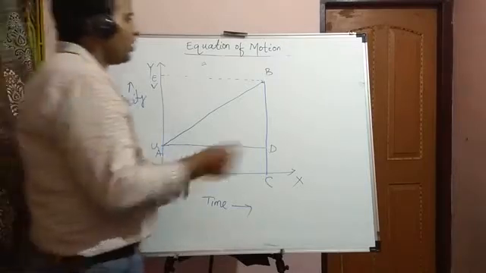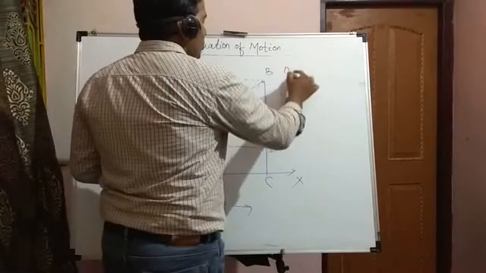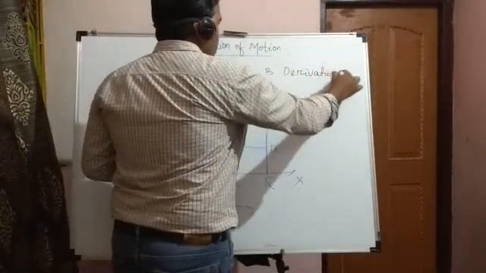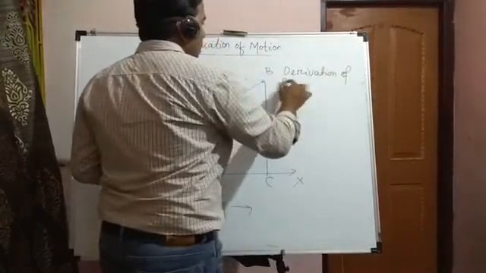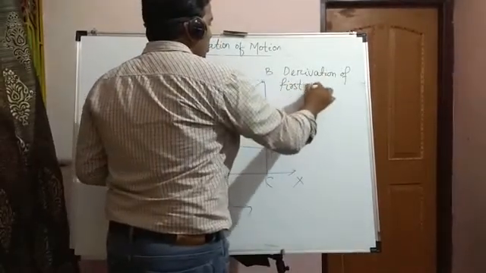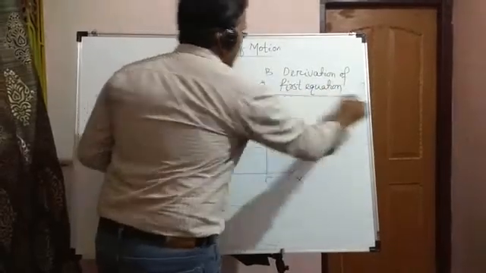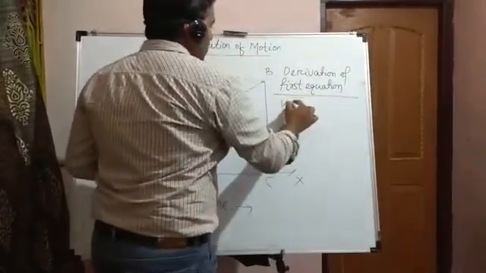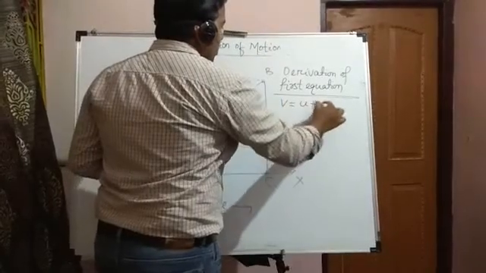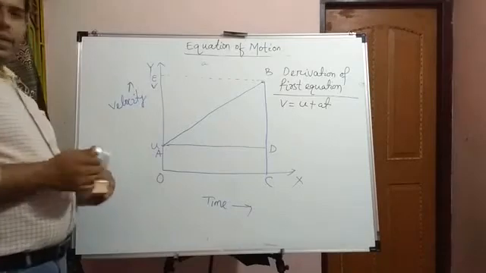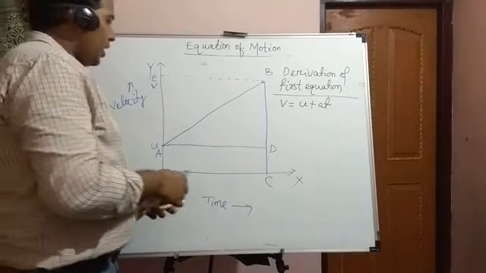Let's first derive the first equation of motion. Derivation of the first equation, that is v is equal to u plus at, or v minus u is equal to at. First, listen.